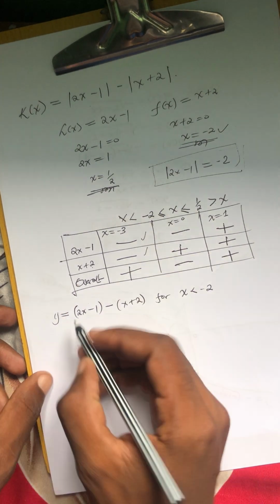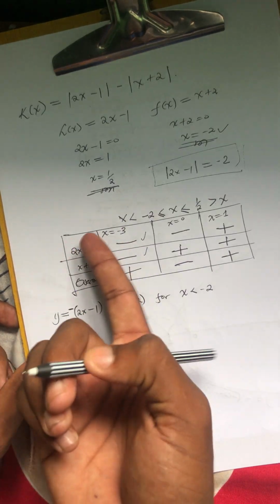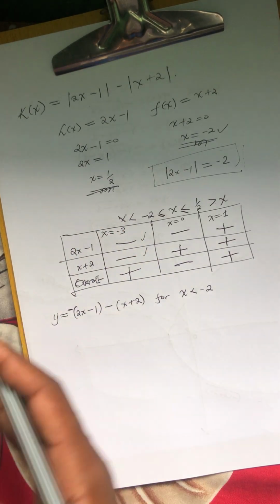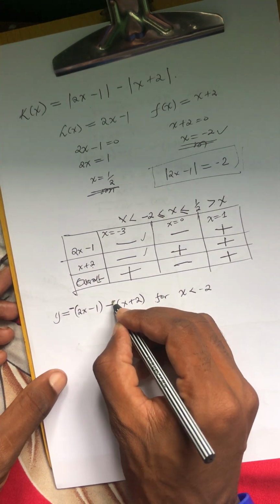So here we introduce a negative in front because we got a negative when we plugged in a number less than negative 2. Even here we get a negative.